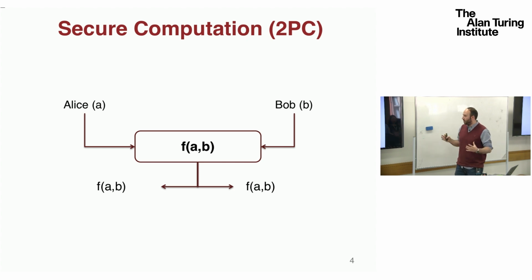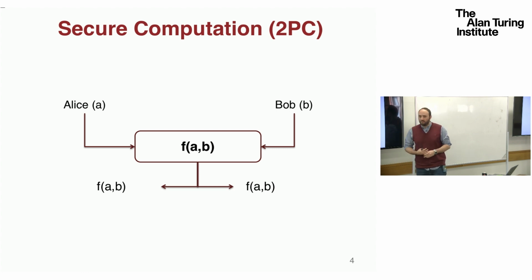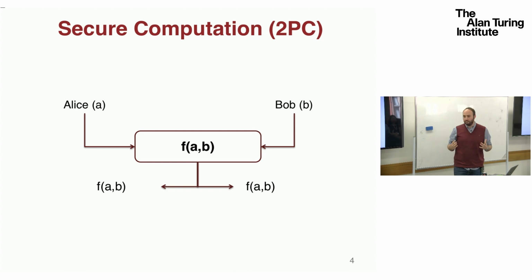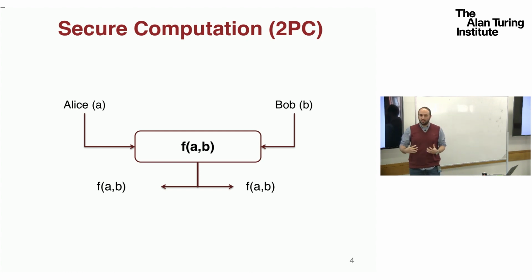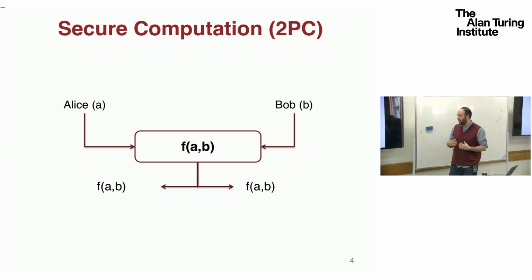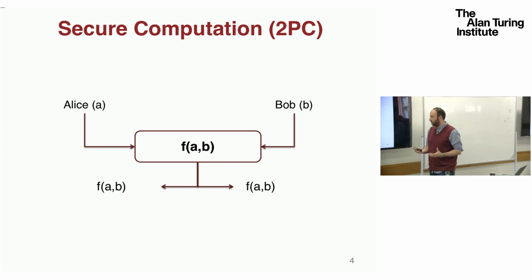So you have two parties. They're usually called Alice and Bob, just like in cryptography. We're not very creative, so we always use the same names. So you have two parties that have some private input, A and B, respectively. And now these two parties want to jointly evaluate a function over their inputs in such a way that only the output of the function is disclosed to each other, right?